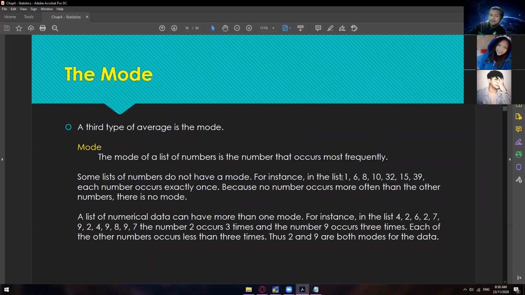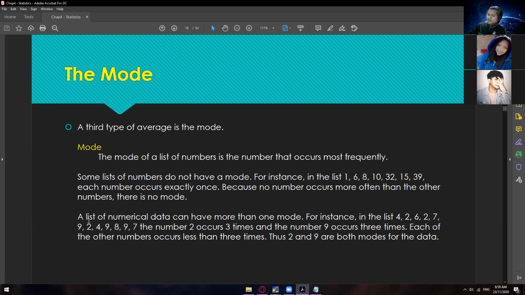But here all of them occur only once, so no number occurs more than the others, and there is no mode. Your answer is no mode, not 0, because 0 might be interpreted as the mode.